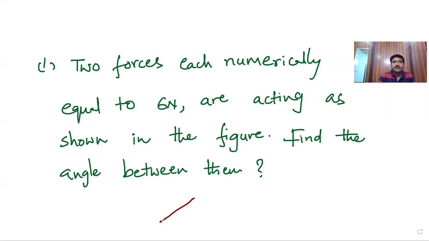A vector direction is given like this. This is another vector. Its direction is here. And each is 6 newtons. Both are 6 newtons. And the angle between them is what is being asked.